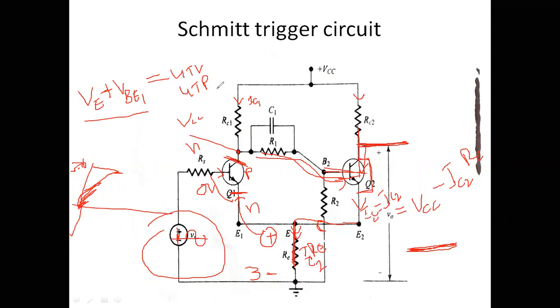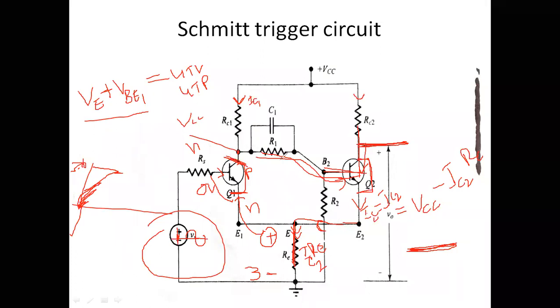Whenever the input voltage is greater than the upper threshold voltage, then only this transistor becomes on. Once Q1 is on, current flows in this direction, so there will be more drop and the voltage at this point will be minimum.